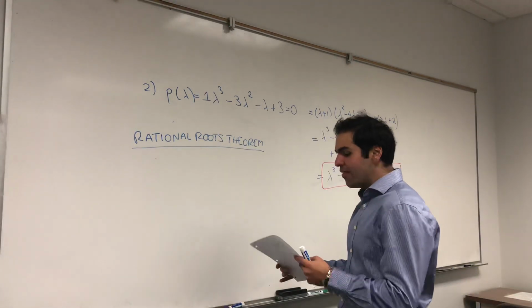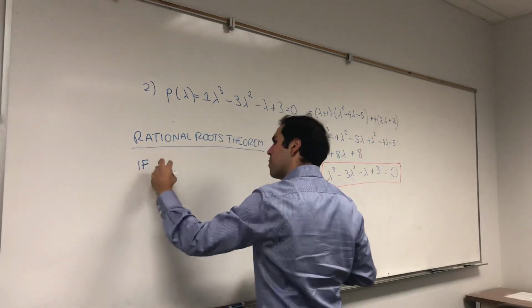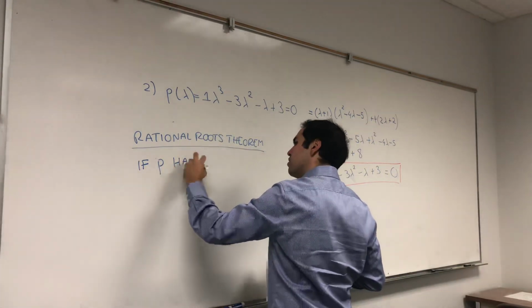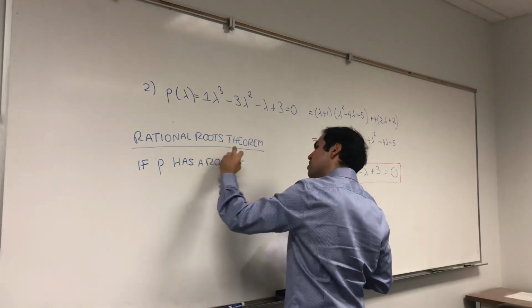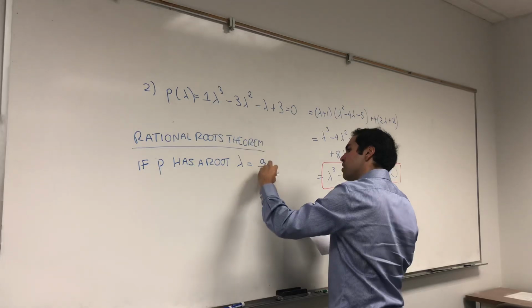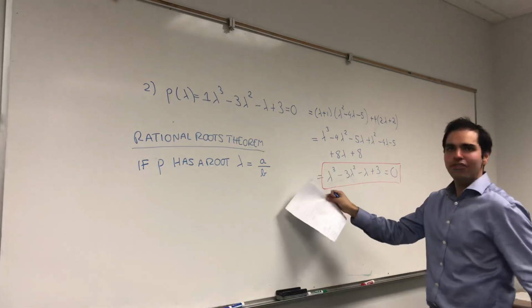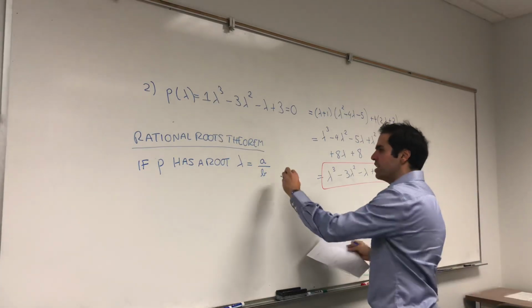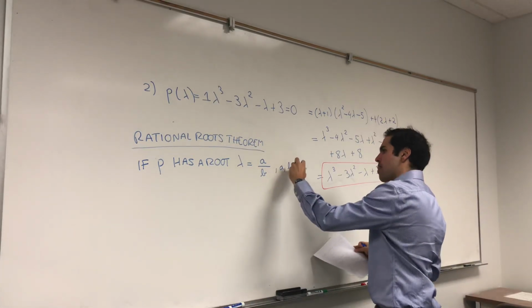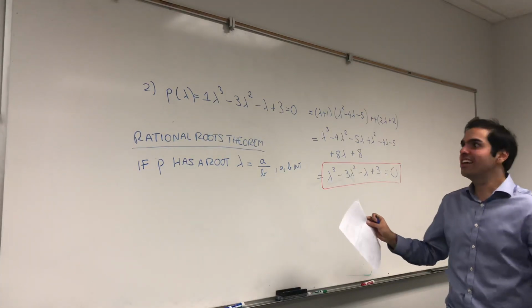Now, what does the rational root theorem say? If this polynomial has a root lambda of the form a over b, so if it has a rational root, so if its root is a fraction, where a and b are integers, then it turns out a and b are kind of nice.